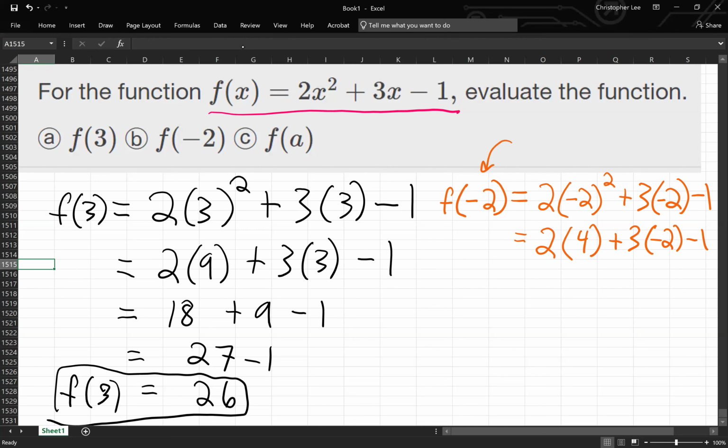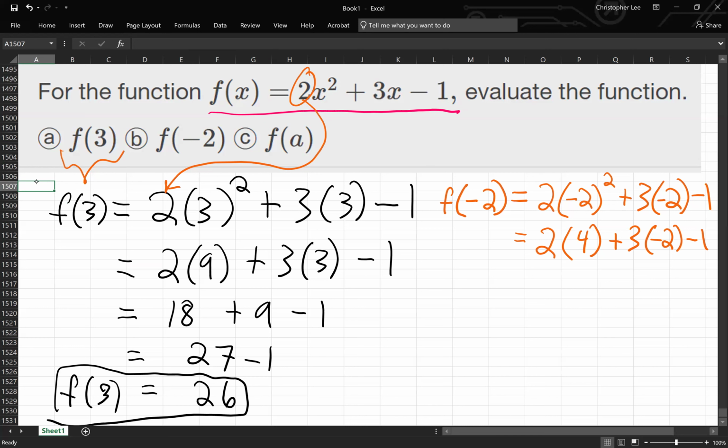This 2 right here? f of 3 is what they're asking me. The 2 is from here. So I'm replacing x with 3. That's why. So I'm plugging it in.